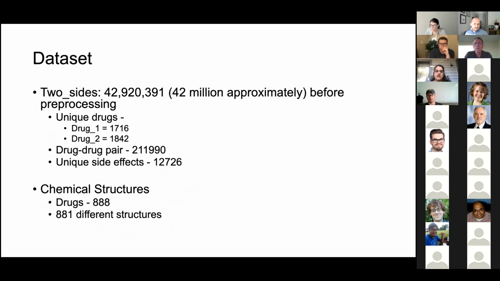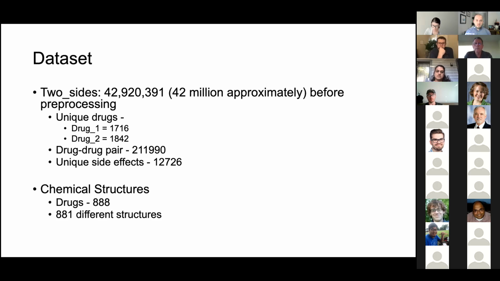So the first data set I used is called two sites. It had drug 1, drug 2. Remember, the goal was to see what happens when two drugs interact with each other. So I wanted a drug-drug pair, and the side effects caused by a drug-drug pair. The two sites data set had about 42 million observations before pre-processing.